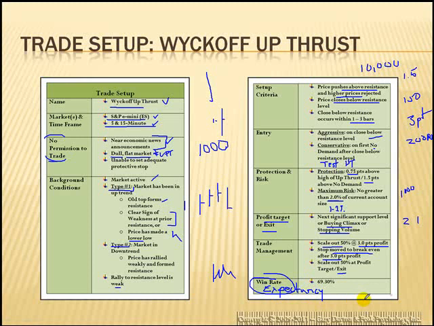All right. Any questions on the upthrust? You all get the idea here about how to do this. And notice what I'm encouraging you to do. I'm not telling you that I have a statistical program that tells me that this is going to produce 70% winners and an expectancy of 2 to 1.